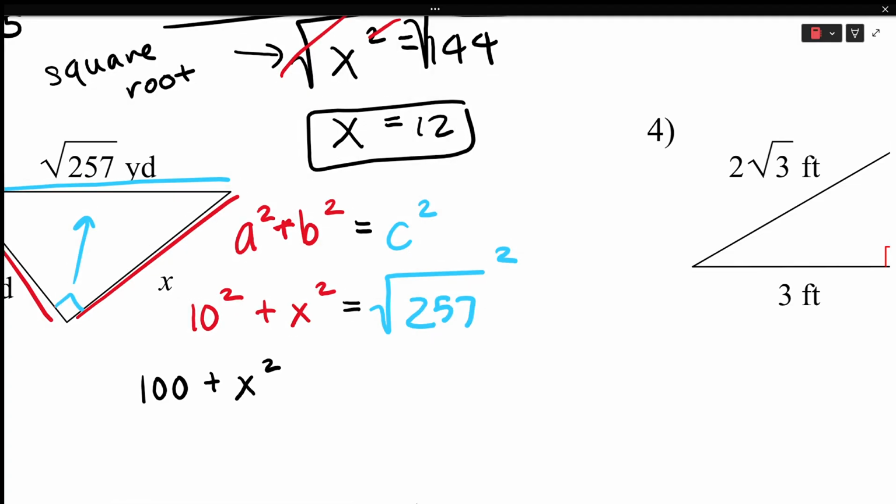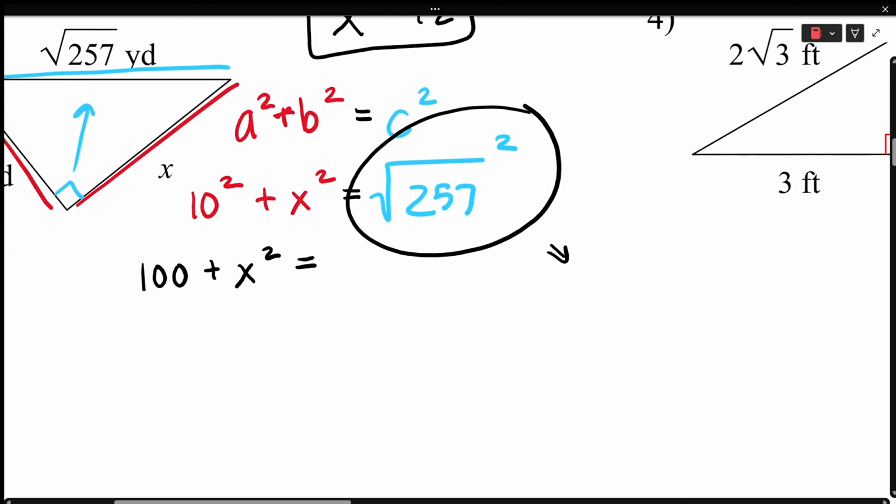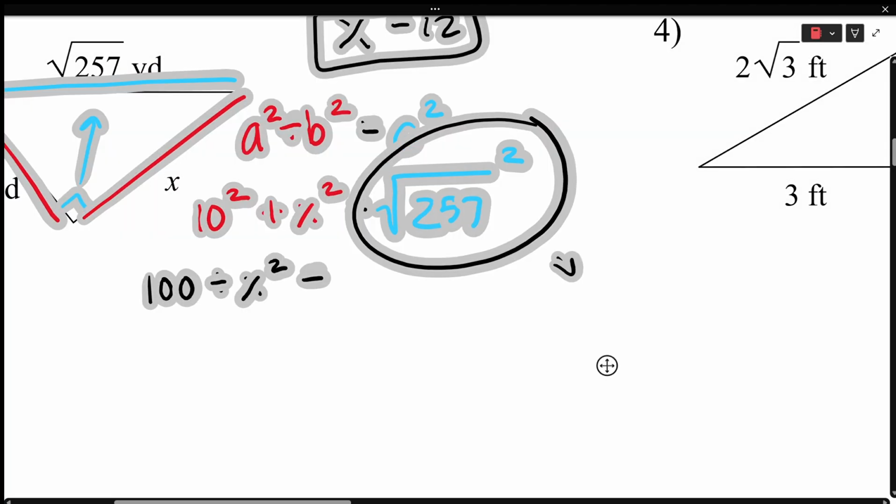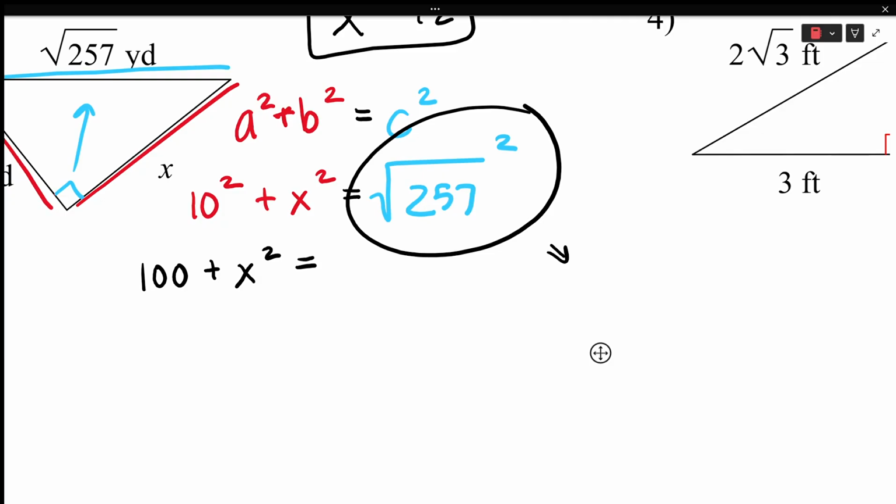x squared stays the same. What happens to this here? Square root of 257 squared. So let me show my work on this side. Remember, when you're squaring something, what are we doing? We're multiplying the number by itself.